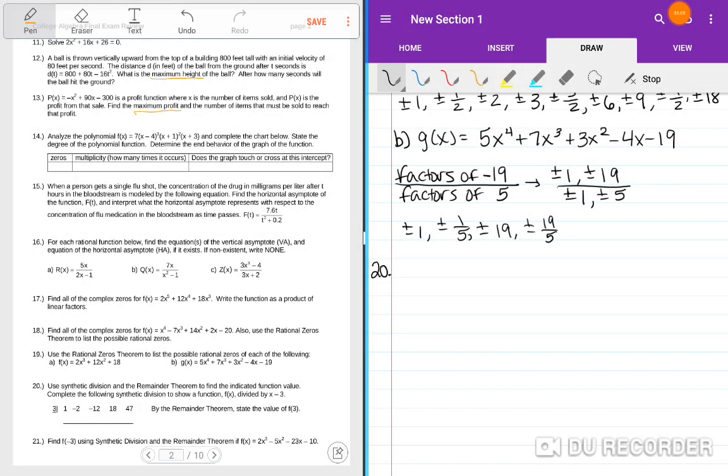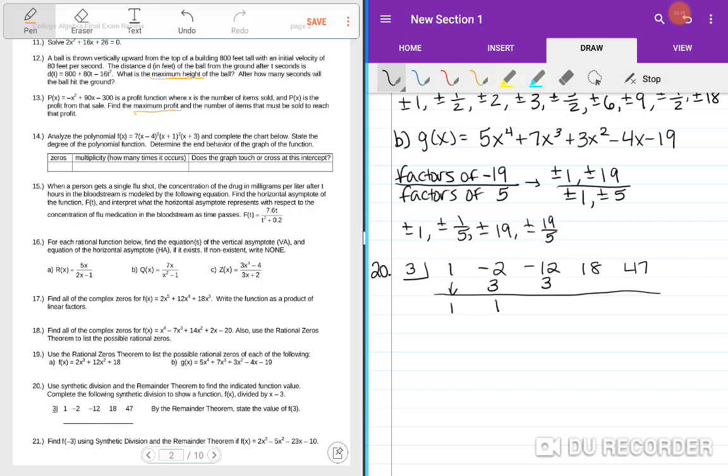Okay, number 20. Complete the following synthetic division to show a function f of x divided by x minus 3. The synthetic division is already set up for you: 1, negative 2, negative 12, 18, and 47. All right, bring down the 1. 1 times 3 is 3. 3 minus 2 is 1. 1 times 3 is 3.